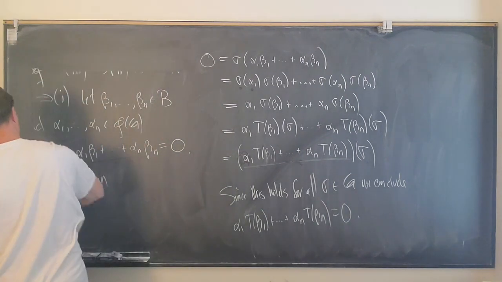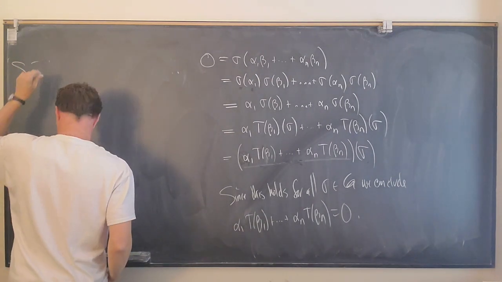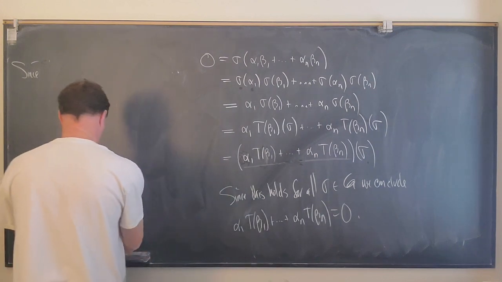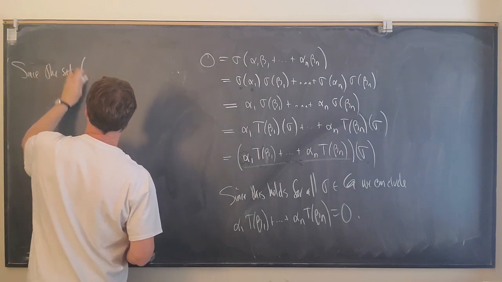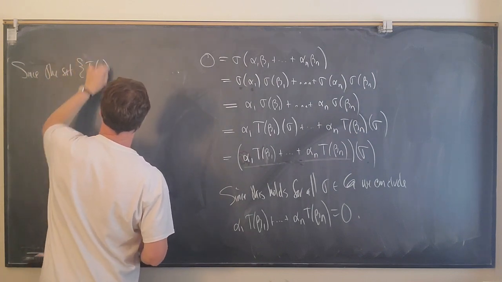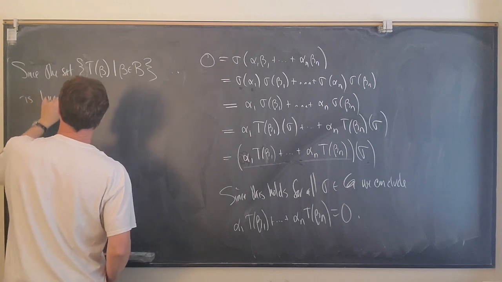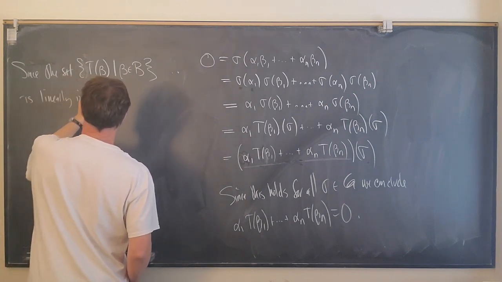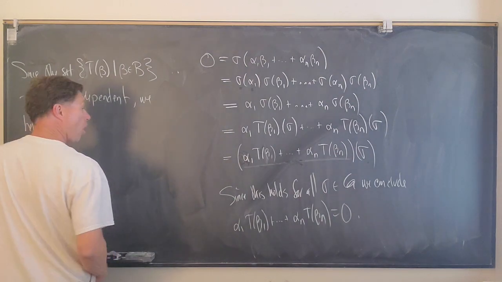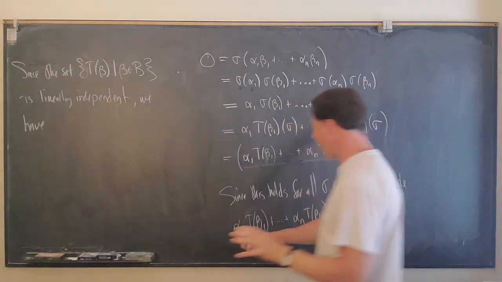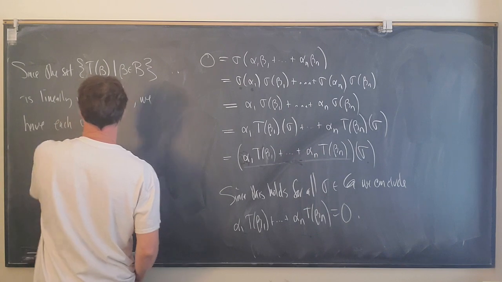So since the set T beta, beta runs through B, is linearly independent, we have that this forces all of these alphas to equal 0. So we have each alpha i equal to 0.